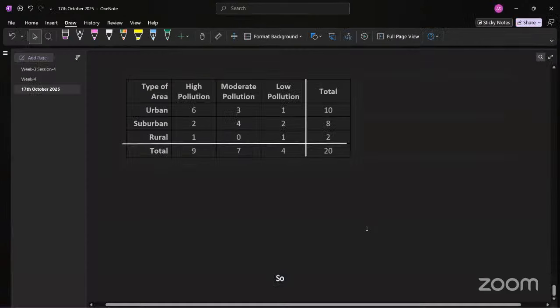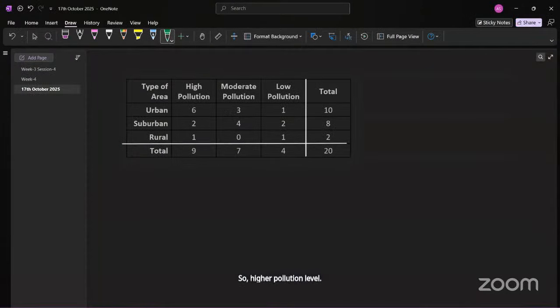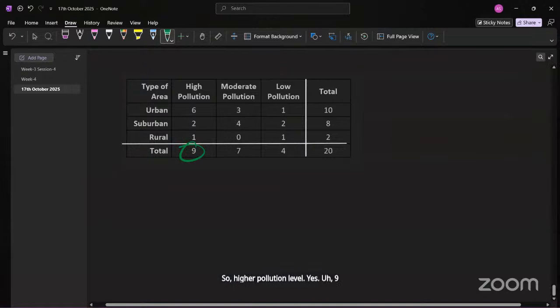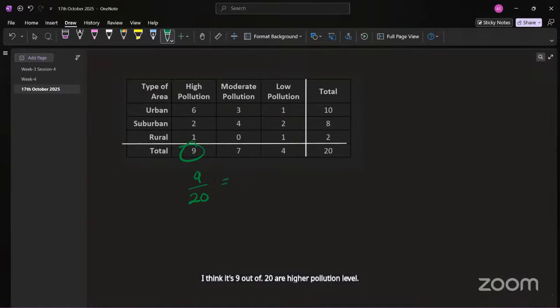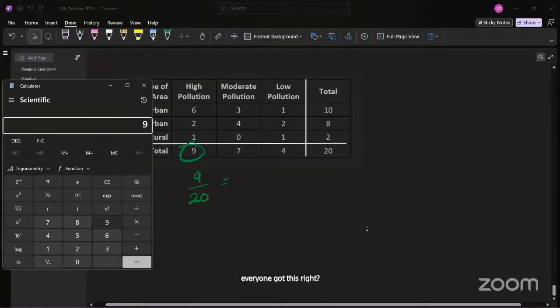High pollution level is 9, right? 9 out of 20 have high pollution level. Everyone got this, right?